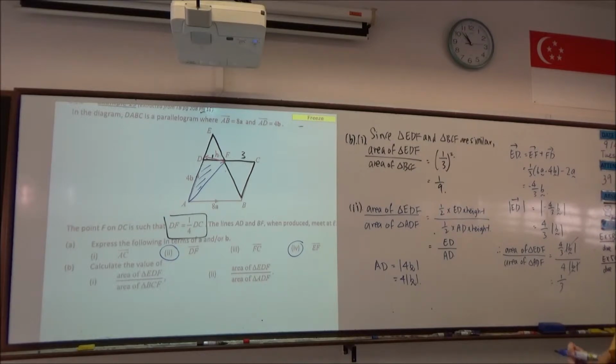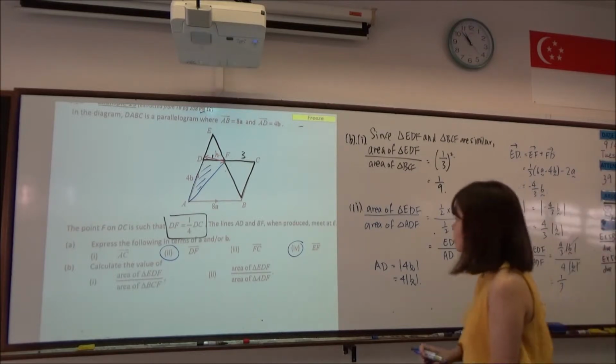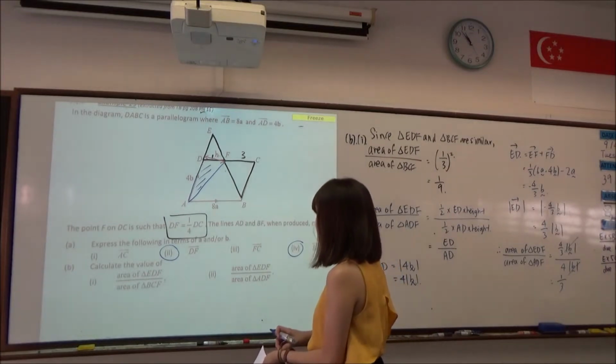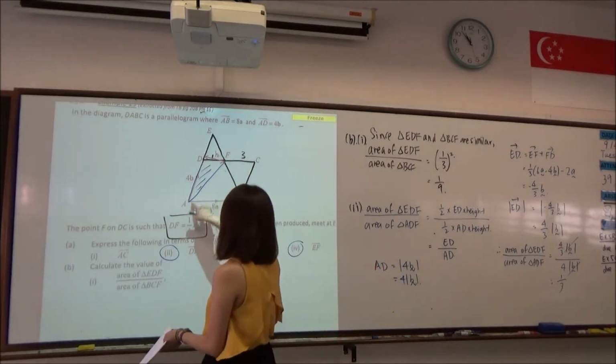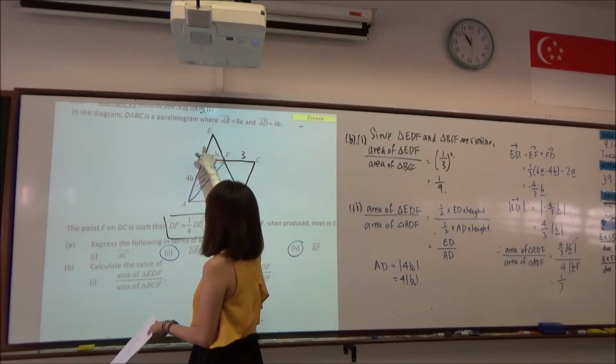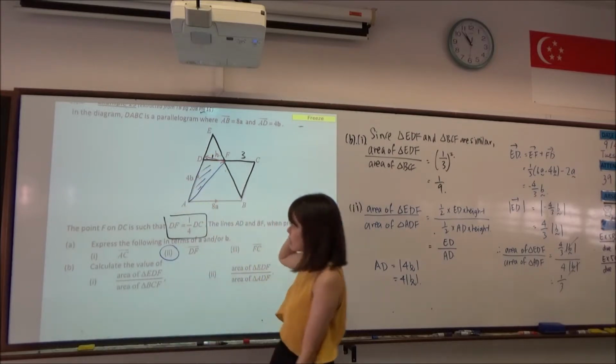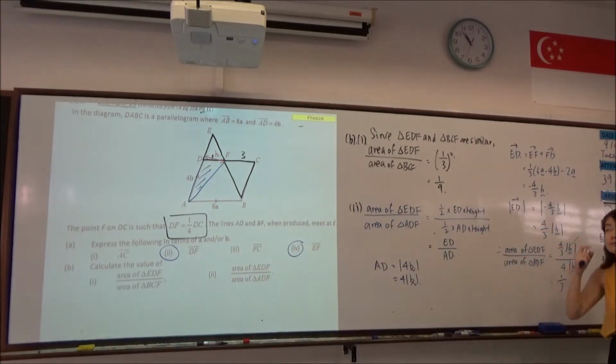Okay, so that ED will be EF was actually 1 third, huh? 1 quarter, right? 1 third. This is 1, this is 4 units. So, 1 third. Okay, 1 third of AD is fine, yeah, can.